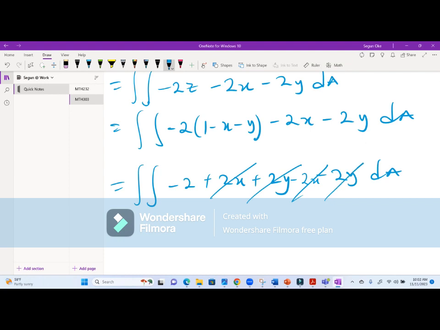So we are left with what? Minus 2 dA. So we are left with the double integral of minus 2 dA, which implies minus 2 integral of the dA rather.